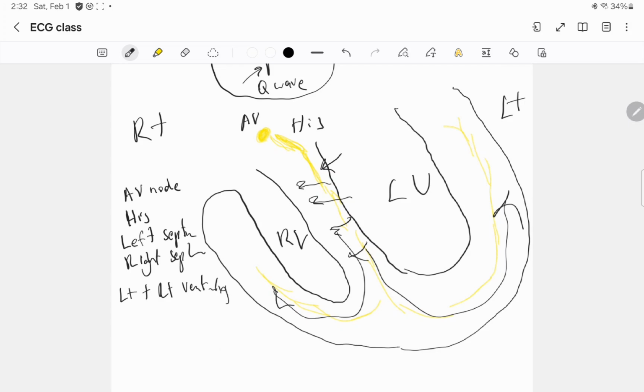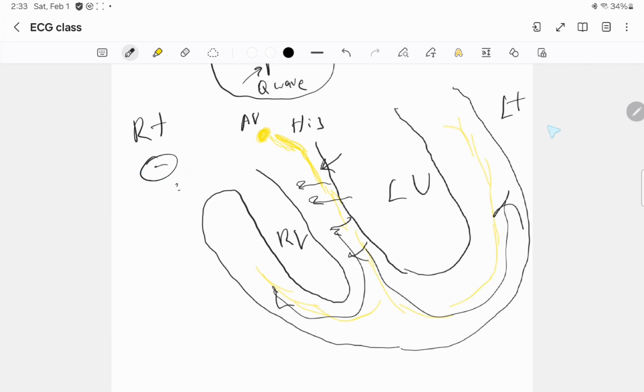So what does this mean? Well, essentially, if we're using a lead such as lead 1, where the positive electrode is towards the left, and remember what we said: if impulses go towards a positive electrode, we get a positive wave, and if impulses go away from the positive electrode, we get a negative wave.